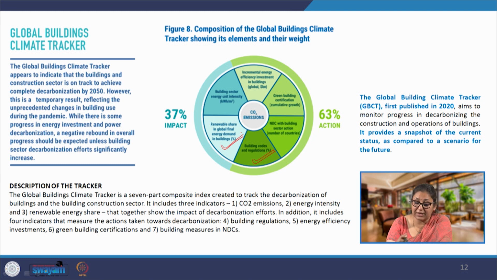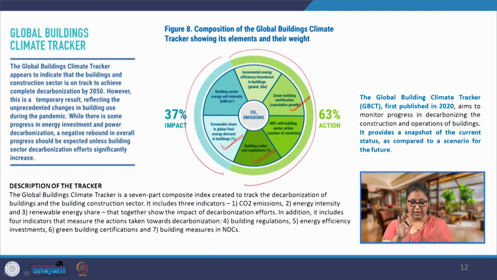Then we are also looking at green building certification. More green building certification implies greater awareness and selection of more sustainable materials, and building designs and practices which are more environment friendly and sustainable, thereby reducing emissions. So, these are the action agendas and the impact agendas that we are talking about. They have identified 6 such indicators which are responsible for emissions.